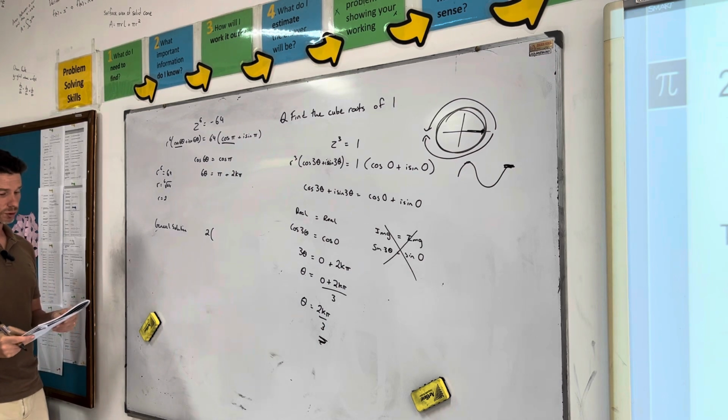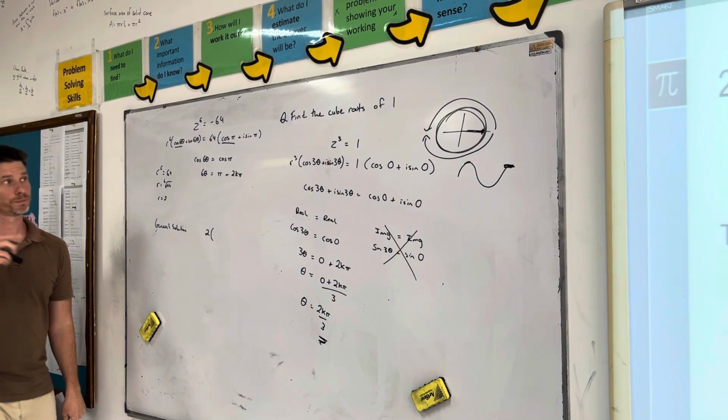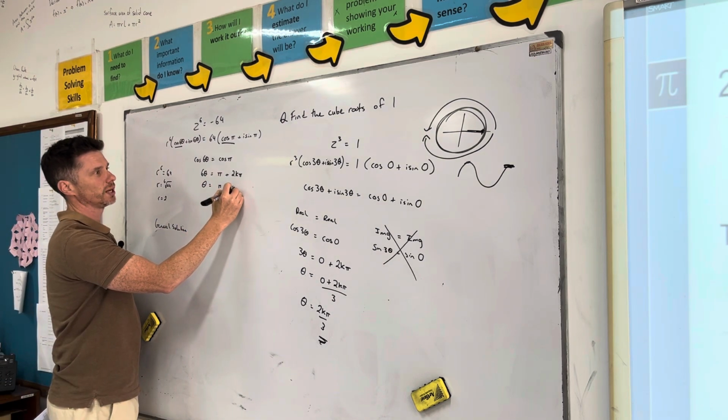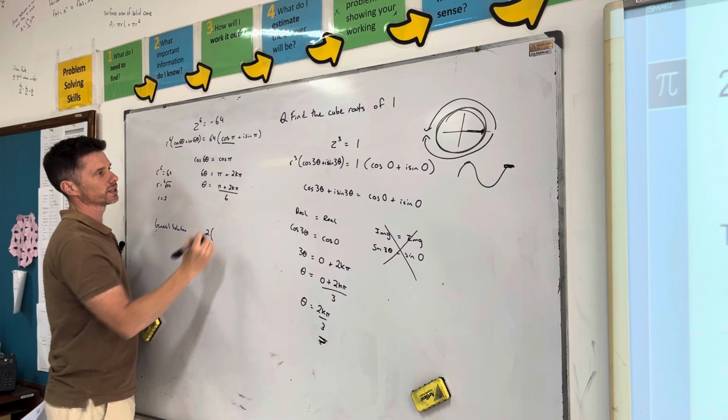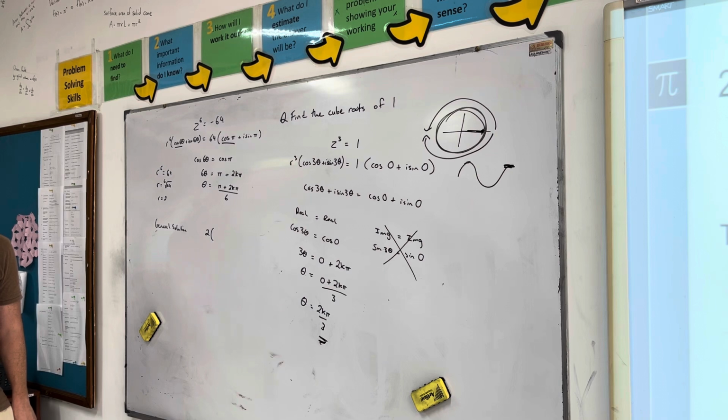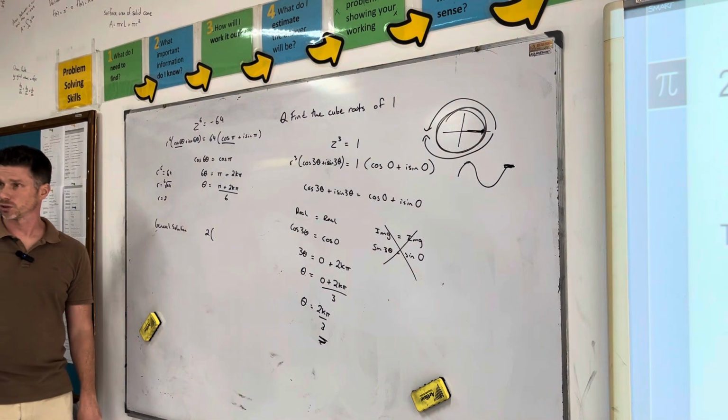We need to divide by 6 to find theta. So we get pi plus 2k pi over 6. This is where we have to choose carefully.